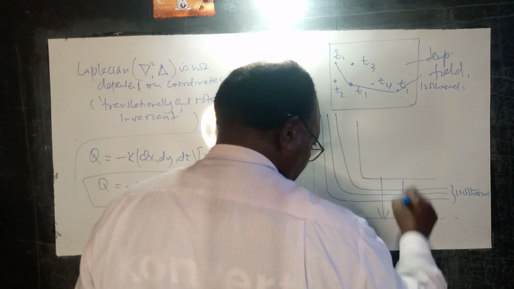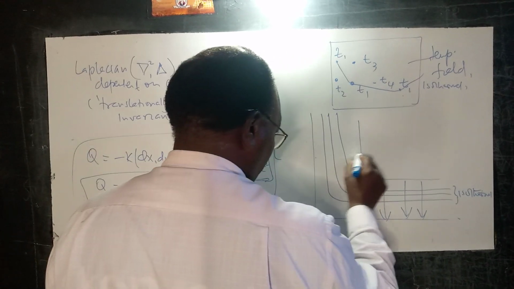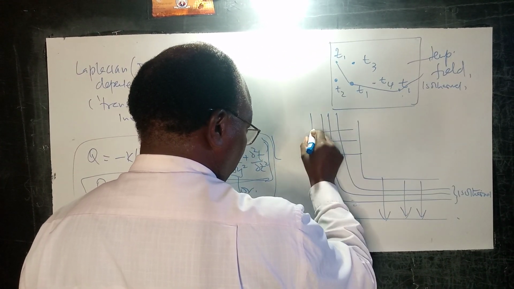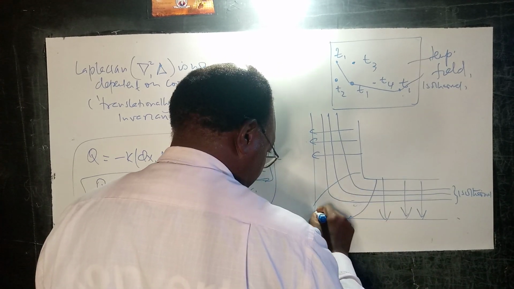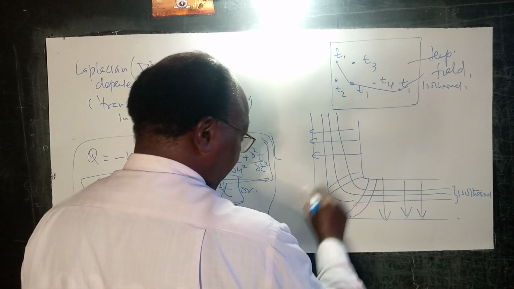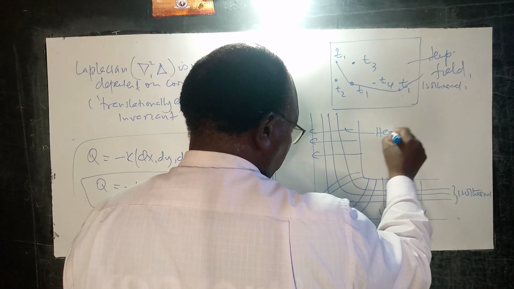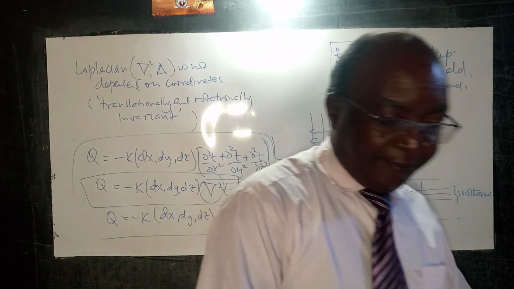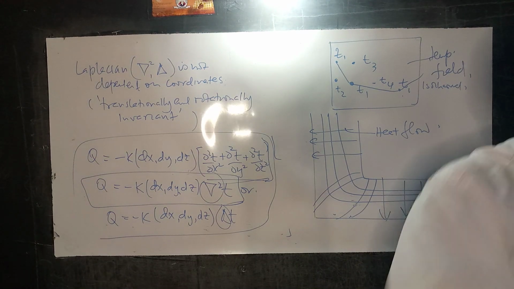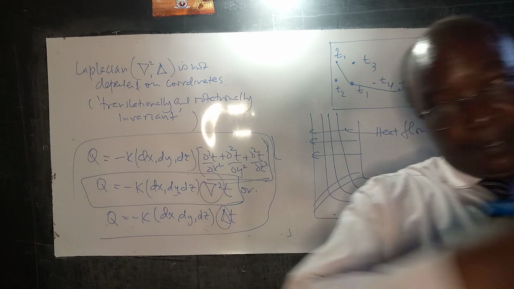Then we have the heat flow. And of course, you can have more isothermals. This could be the heat flow. So we are dealing with a field, a temperature field, where those points at the same temperature are isothermal.